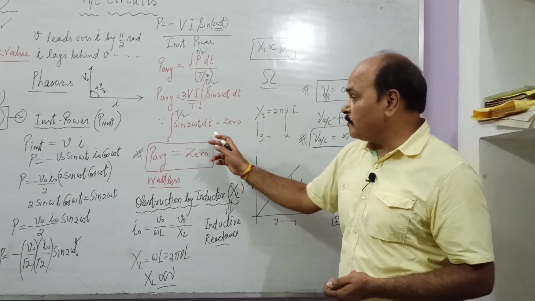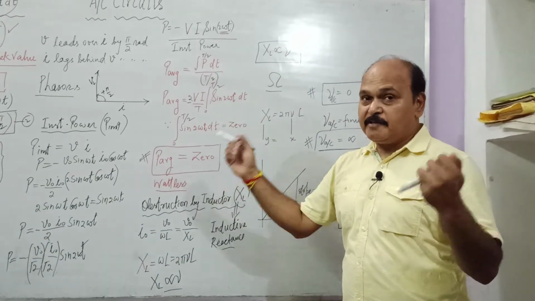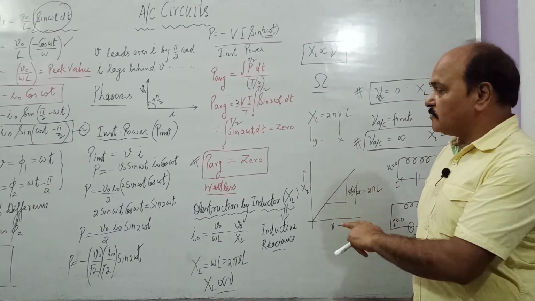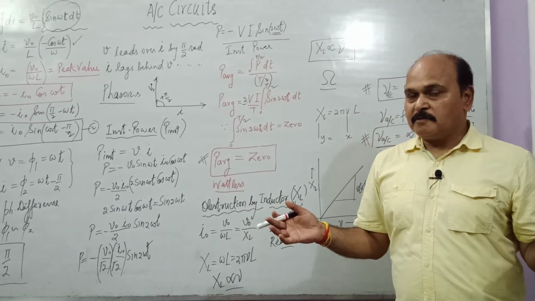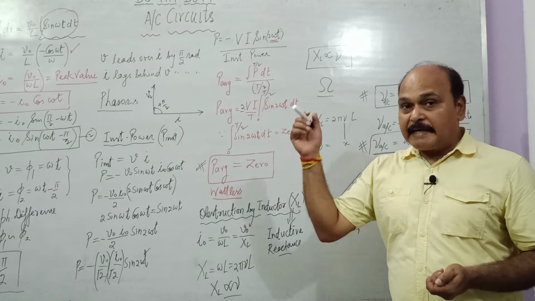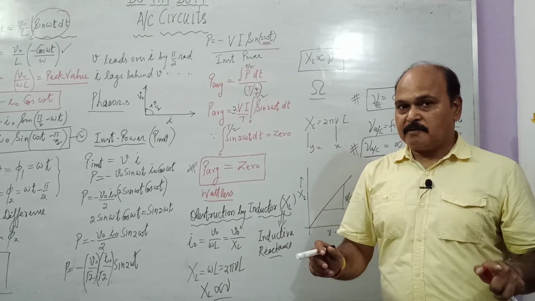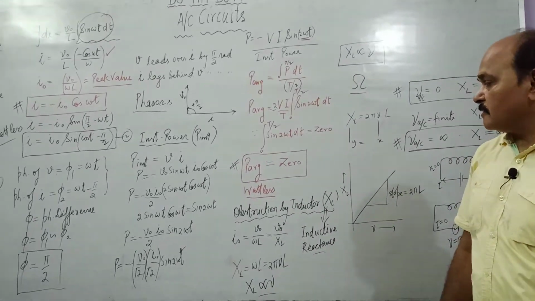But at the same time, there is no power consumption. This is what is very, very important. Across both capacitive as well as inductive circuits, the results are same. Across capacitor as well as across inductor, in an AC circuit, there is no power consumption. And the current which is there in the circuit is called wattless current.